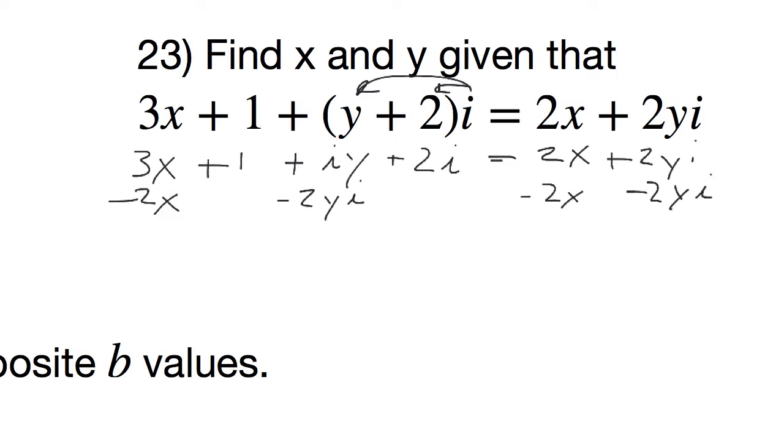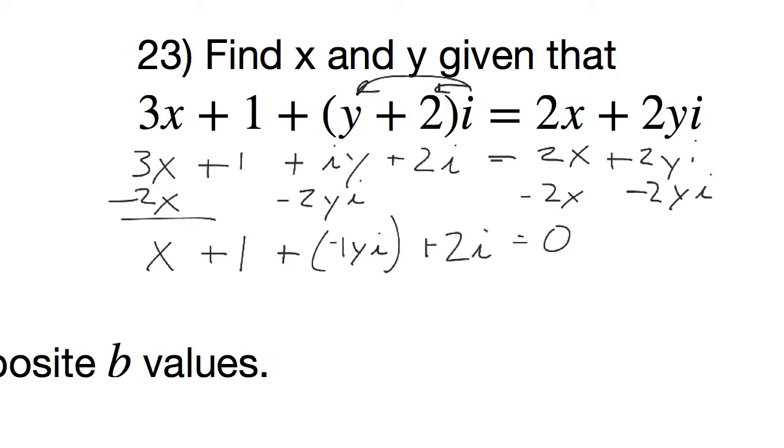And so then I get x plus 1 plus negative 1 yi plus 2i is equal to 0.